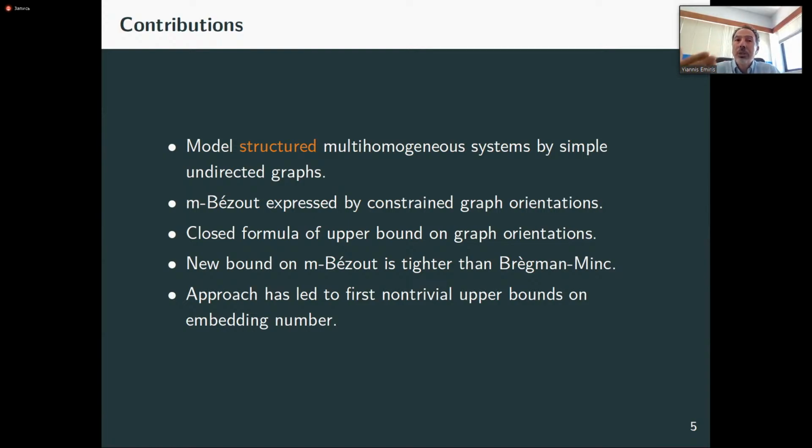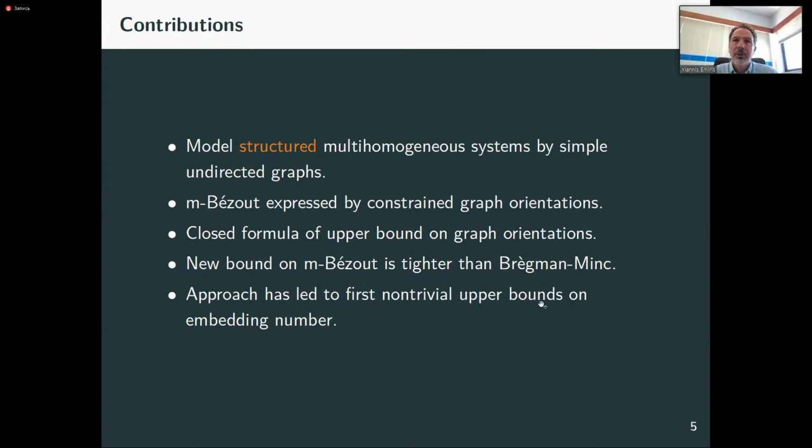I'm going to give a closed form upper bound on the number of graph orientations. So automatically, this gives me an upper bound on m-Bézout for the original multi-homogeneous system. It is better, as I said, than Bregman-Minc for permanents. And it also solves in a nice way some enumerative questions in these distance graphs that come from molecular biology, architecture, and robotics that I mentioned at the beginning.